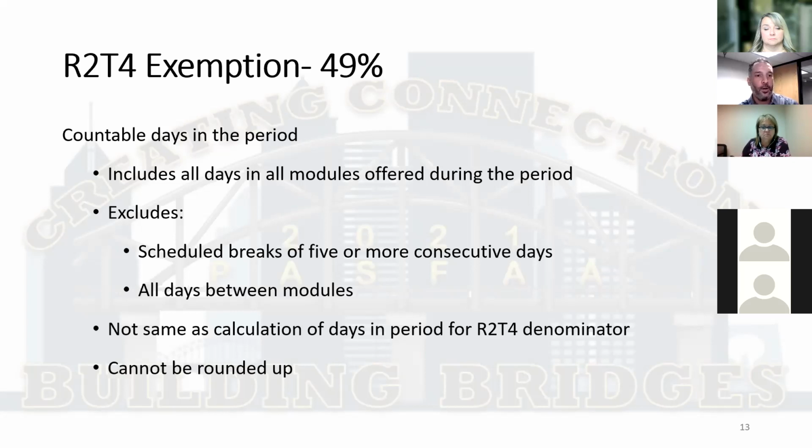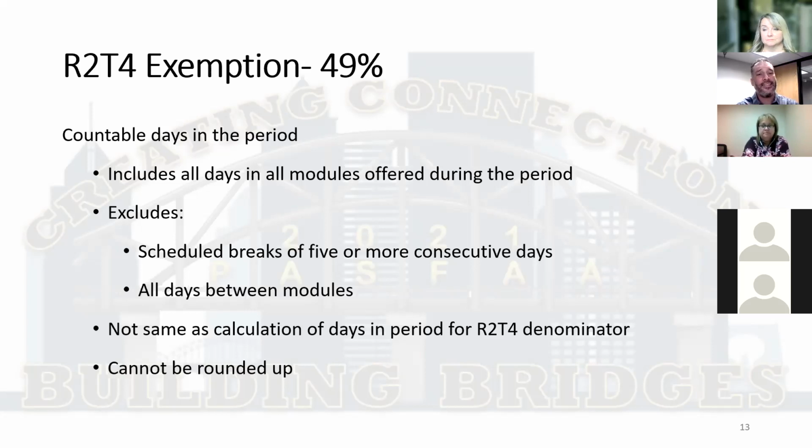Quick example, our mod ends on a Friday, the next mod starts on a Monday. We have a 2-day break right there. We need to be excluding that weekend. Watch out for that. Or sometimes, a lot of times, it ends on a Thursday. We have a 3-day break that we need to be excluding. So watch out.